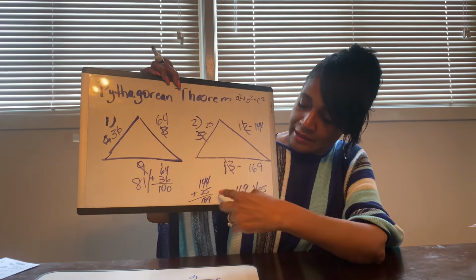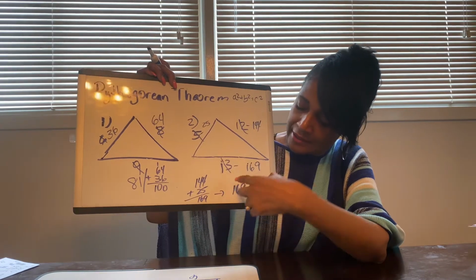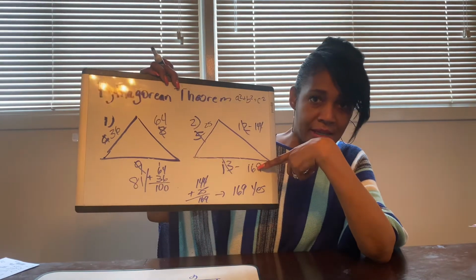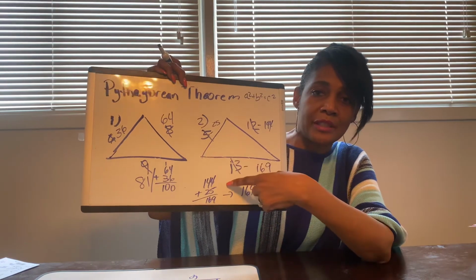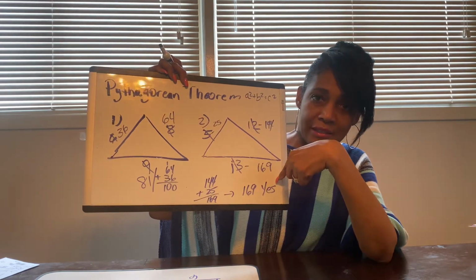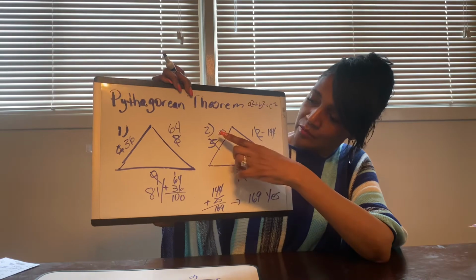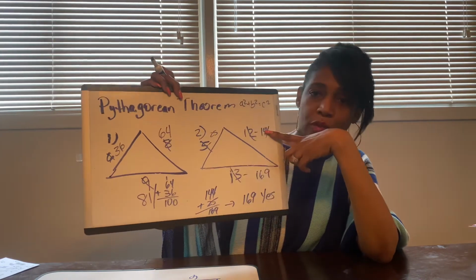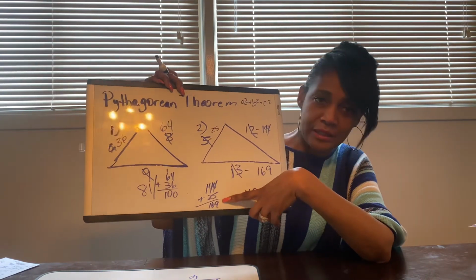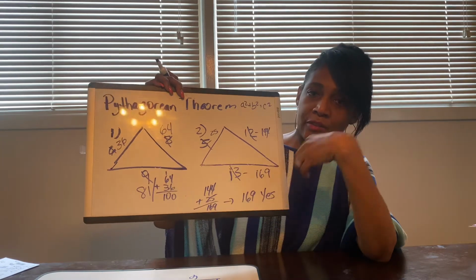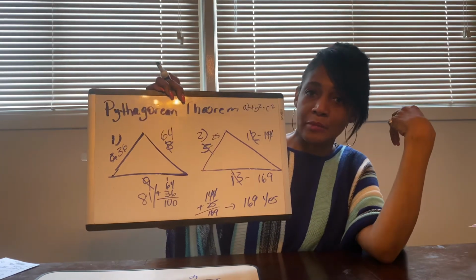And this is the same as 169 here. 13 times 13 is 169, okay? 25 plus 144 is also 169. Therefore, my answer is yes, because they added up to be the same number. Okay. Does that make sense? It's really simple once you get the hang of it.